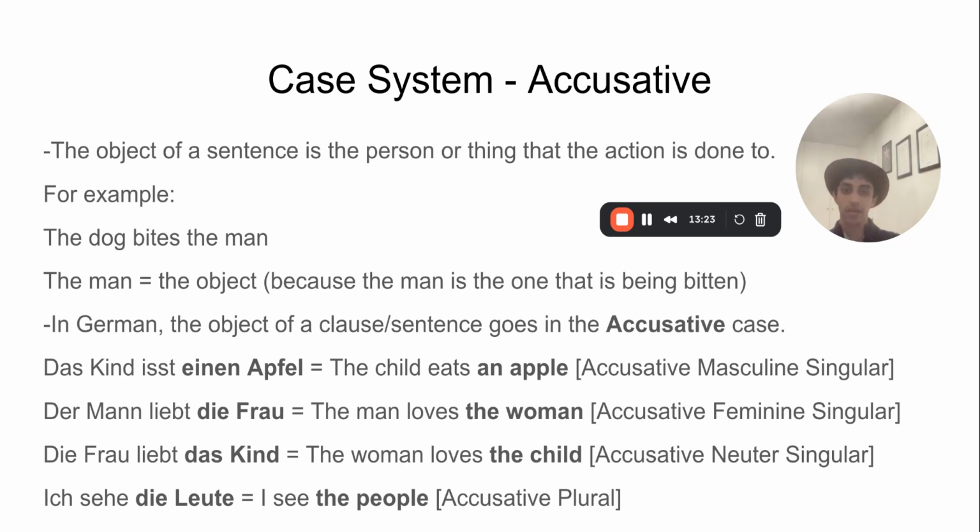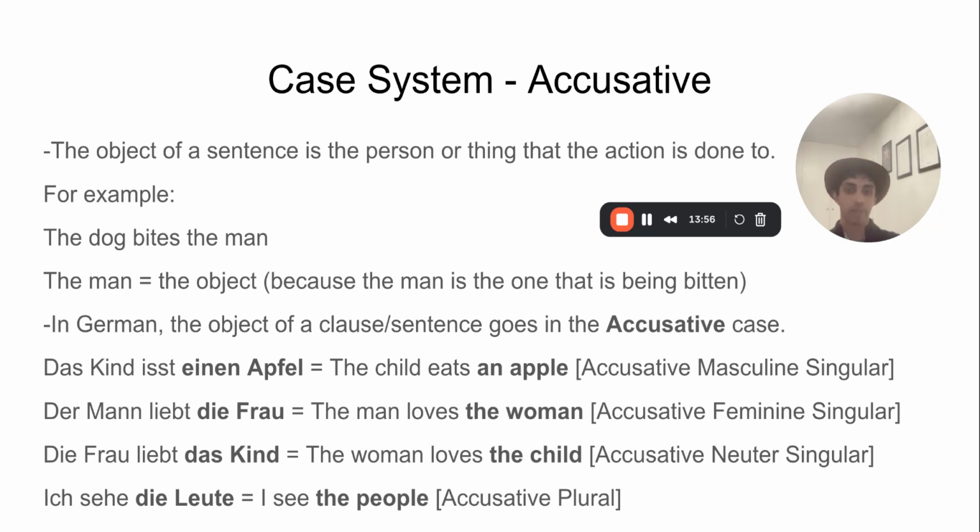The accusative singular in feminine and in neuter actually look exactly the same as the nominative singular for feminine and for neuter, respectively. Those two don't change. The masculine form, accusative singular, does change. The masculine accusative singular is different to the nominative masculine singular form. As you can see here, it would be ein Apfel or der Apfel in the nominative singular, and it becomes einen Apfel or den Apfel in the accusative masculine singular.